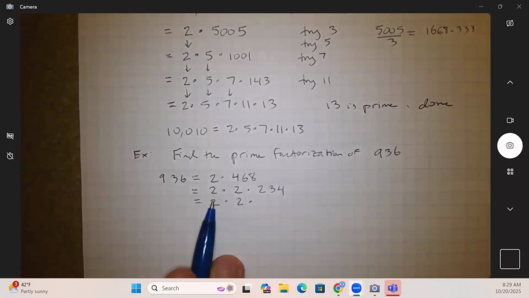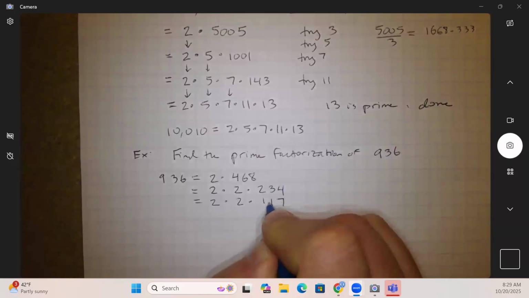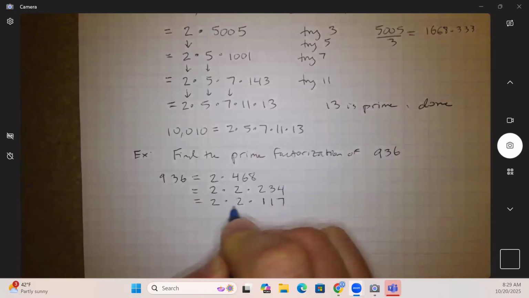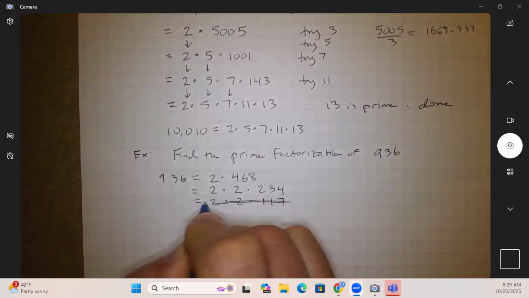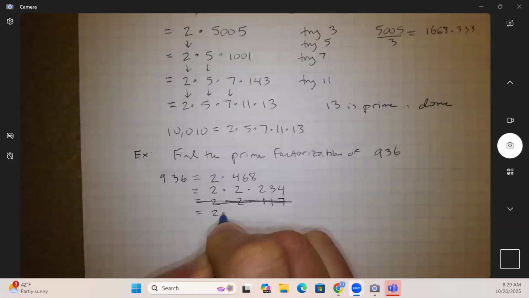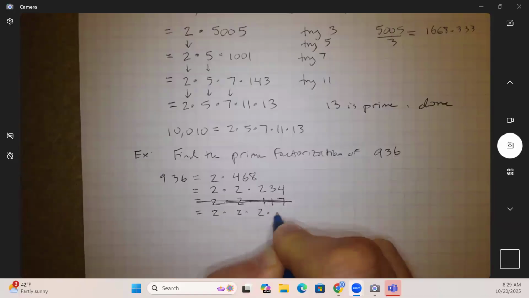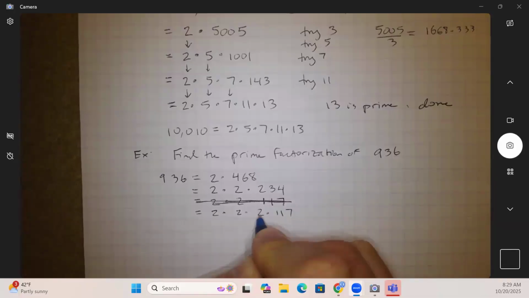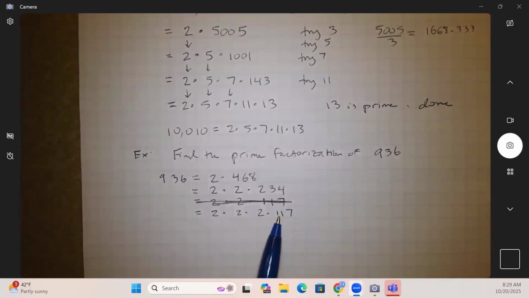To keep track of all of these 2's that are peeling off of it. That's 117. Oops, I lost track of it. Sorry. Try again: 2 times 2 times 2 times 117. All right, no point in trying to divide by 2 again, because that number is odd.